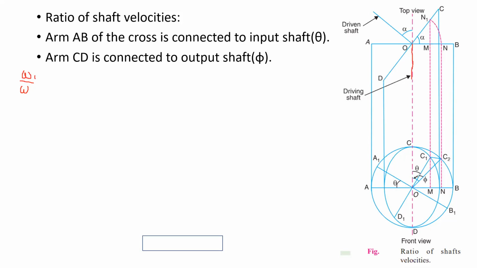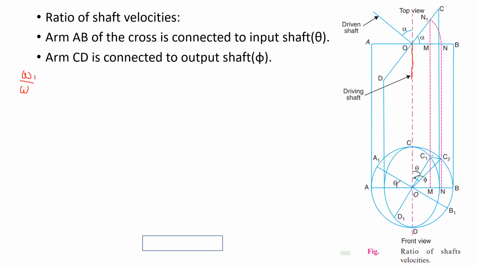And to you, the arm CD will also appear to rotate by angle theta because they are at 90 degrees to each other. Okay, so it will appear that even arm CD is also rotated through angle theta, but the length of arm CD will be shortened because it is inclined to you.